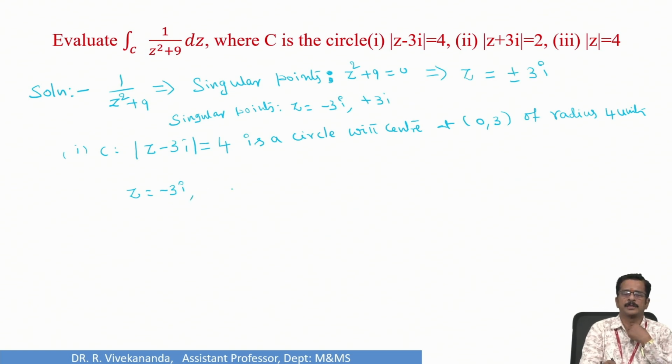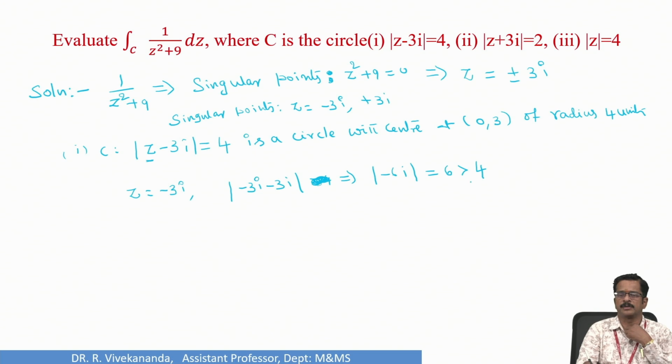How will you check here? Modulus of z minus 3i equals 4. In the place of z, substitute minus 3i. This is the technique you apply for finding whether the singular point lies inside or not. That gives modulus of minus 6i, which is 6, which is greater than 4.